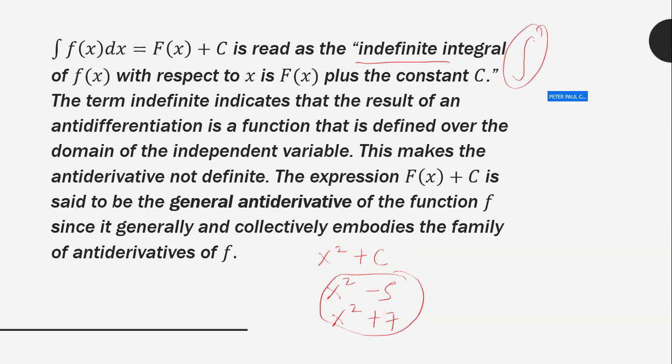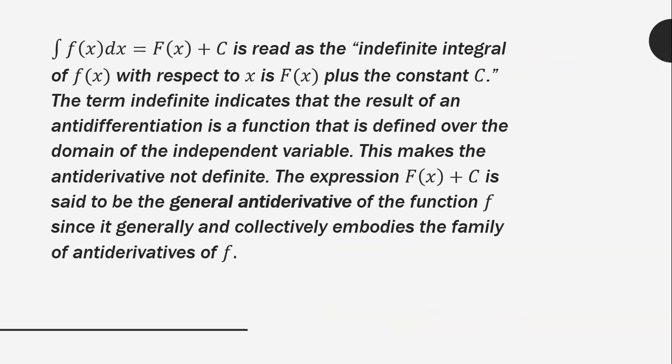For definite integrals, there are boundaries that we put on the elongated sum symbol. When you have boundaries of a and b, then we can obtain these constant values. Those are the two types of integrals or antiderivatives.